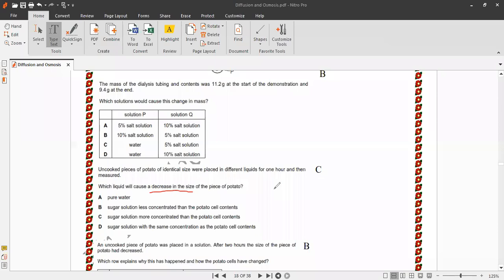So the correct answer is C, because the sugar solution is more concentrated outside than inside. So the water moves from inside to the outside. That causes the decrease in size. So the sugar solution is more concentrated than the potato cell content.